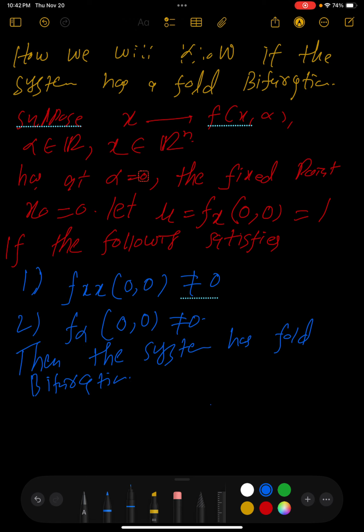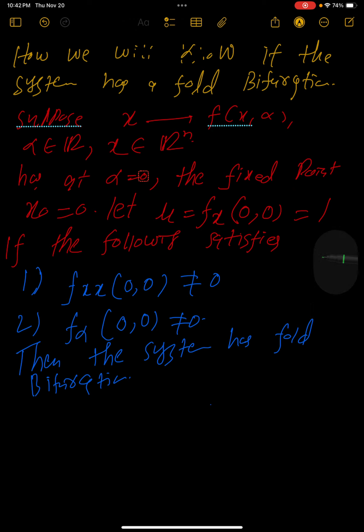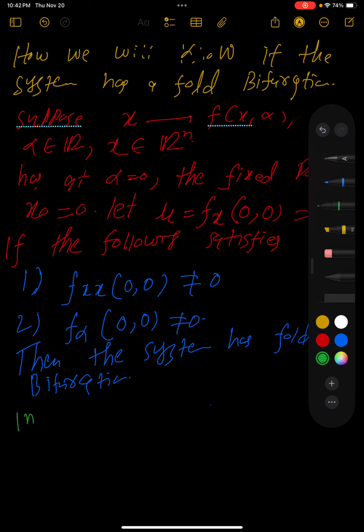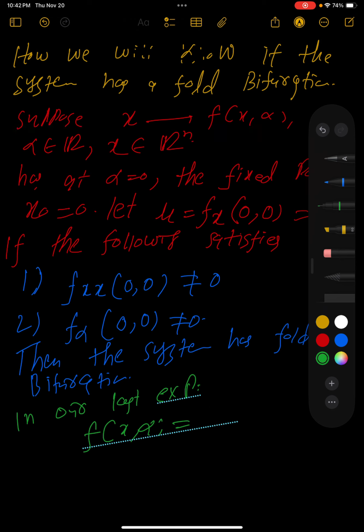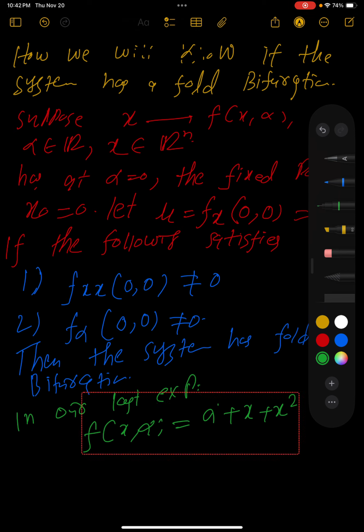So we can see that both conditions were satisfied for the example. In our last example, our f of x, alpha was alpha plus x square. So what was mu? Take the derivative with respect to x, so 1 plus 2x.